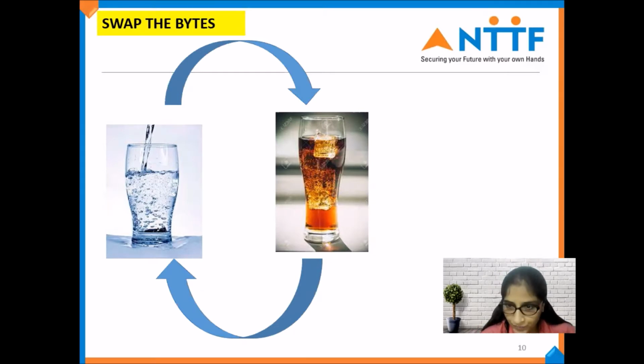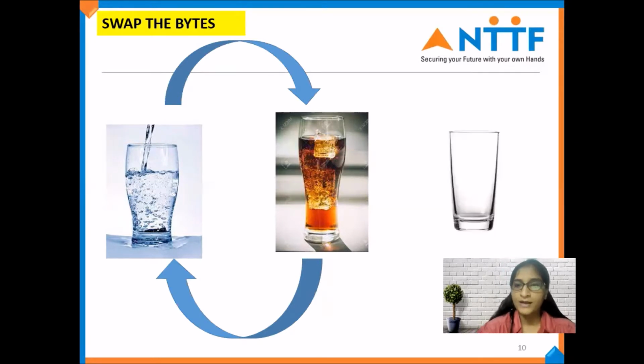Can we do it directly? No, we cannot, because both glasses are filled with something. We cannot pour water directly into the cold drink or the cold drink into the water. So what we need is one extra empty glass. Now our problem will be solved very easily.